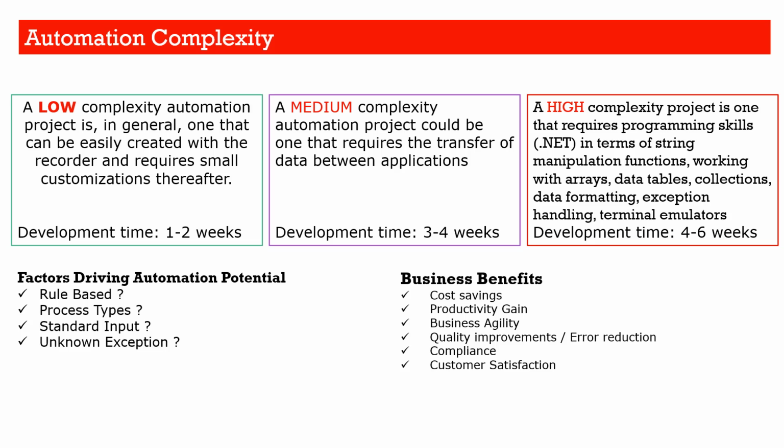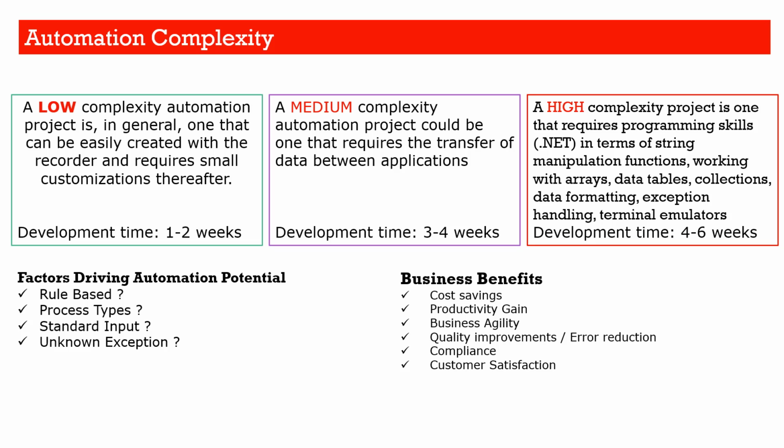And this complexity calculation comes from a template called opportunity assessment that I'm going to show you, right? The only thing that you need to consider here is based on the complexity of automation, a timeline is being given.